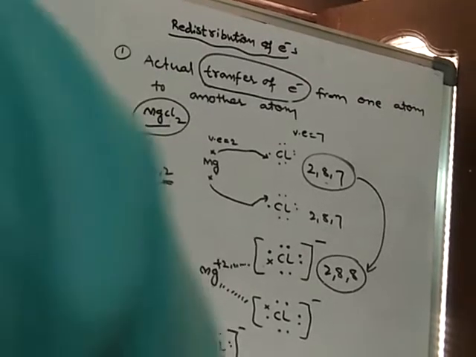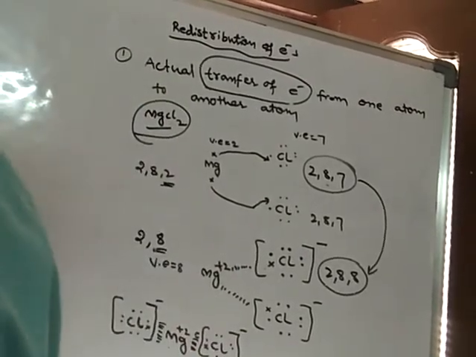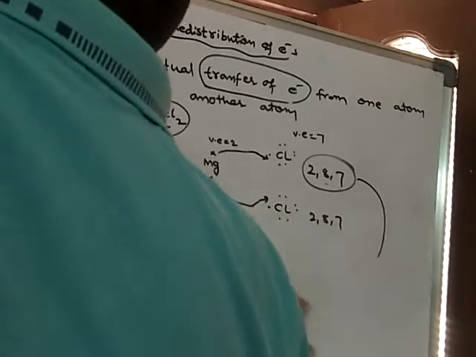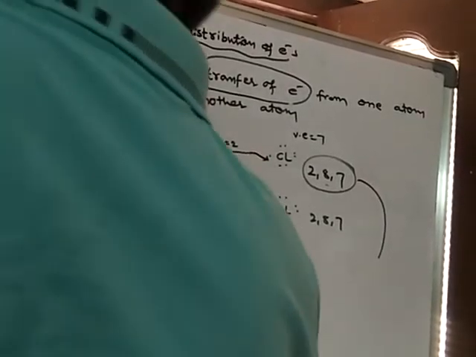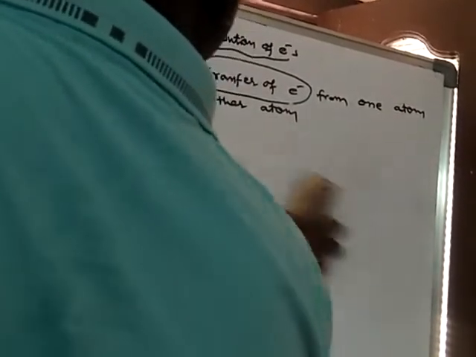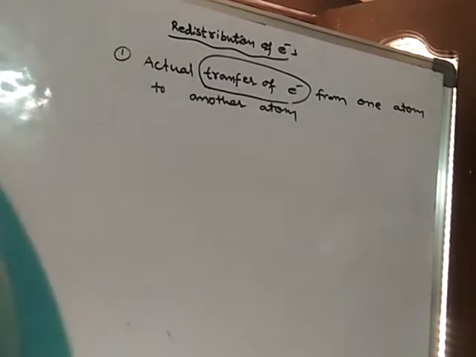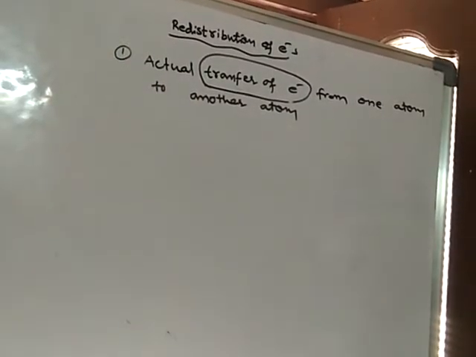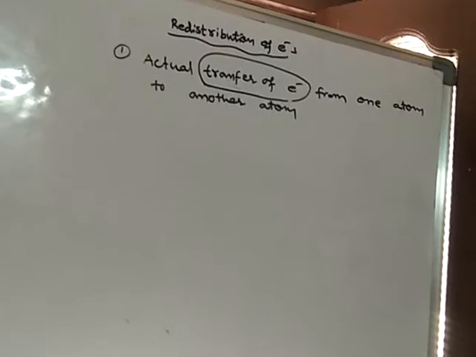Okay, right. So there is another method also by which rearrangement or redistribution of electrons takes place. The other method is by sharing of 1 or more electron pairs between 2 similar or dissimilar atoms.